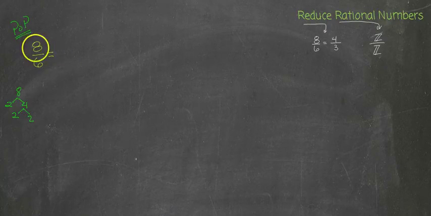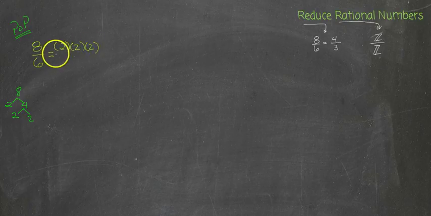So I'm going to do the same thing up here, but I'm not going to write the factor tree. So 8 divides by 2, leaving 4. 4 divides by 2, leaving 2, and 2 is a prime number. Cool, huh? And so 6 divides by 2, leaving 3, and 3 is a prime. So I'm done. I've written the numerator as a product of primes and the denominator as a product of primes.